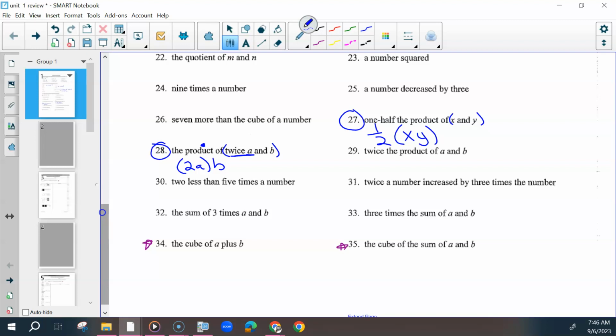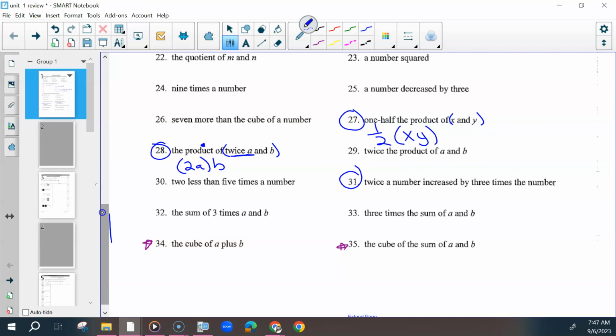I have a question. So why did you put parentheses in number 27? Because it doesn't say 1.5 times all. Right, but because it says the product of, it's saying 1/2 times everything else. Any others in that section? 31. Okay.